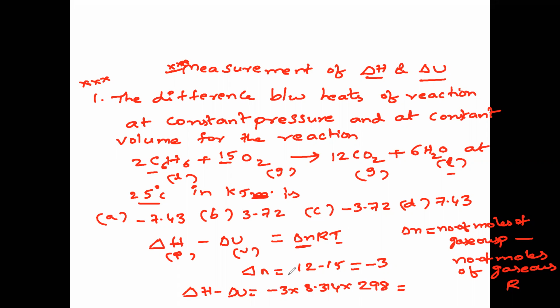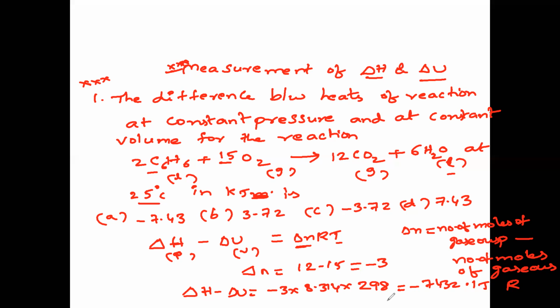So minus 3 into 8.314 into 298 is equal to minus 7432.1 joules.